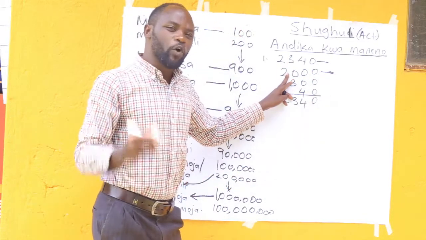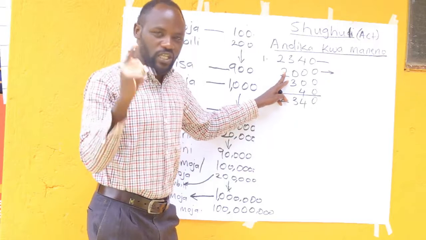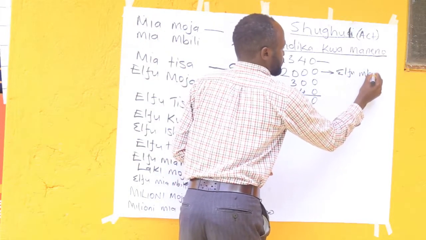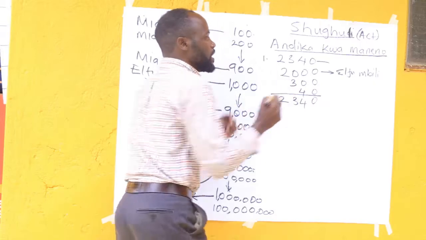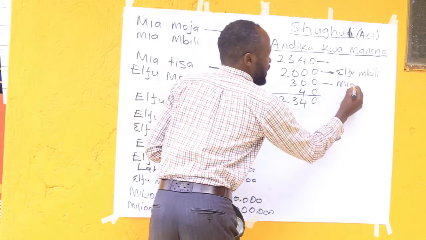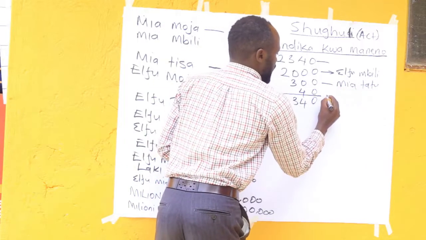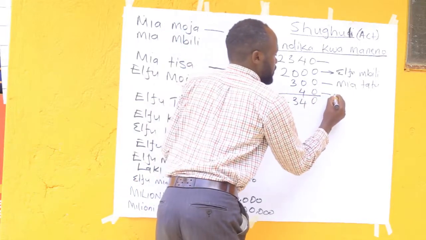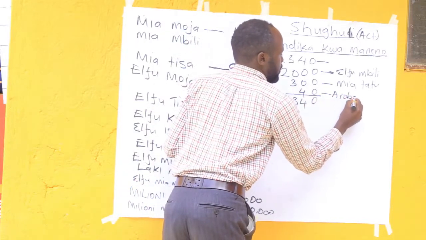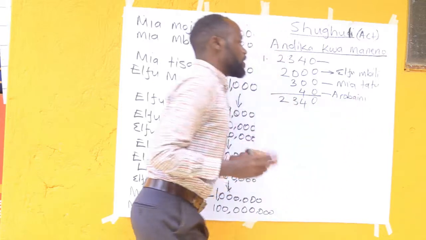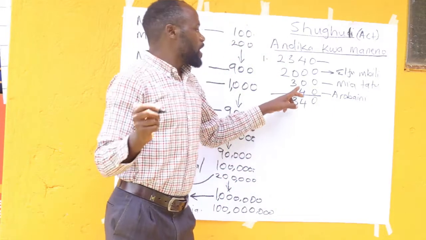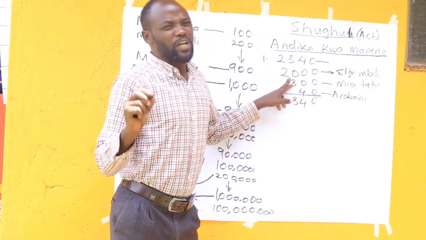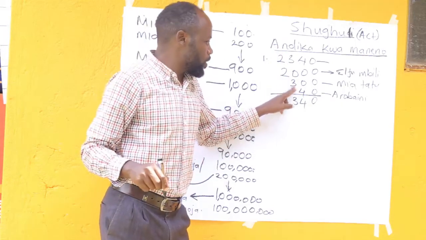Then see how we write this in words. It is elfu mbili because it is 2 with 3 zeros. How do we call this? It is mia tatu. Then we have this one, we call it arobaini. So you will count from down according to how you have arranged your work. The second one from bottom.